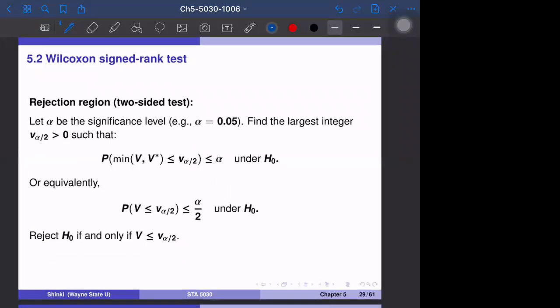Okay, in terms of rejection region, since we defined the p-value in the previous slide, we define the rejection region as this. If we have the distribution of V here, then we reject on both extreme sides. Suppose the distribution is like this, which should be symmetric.